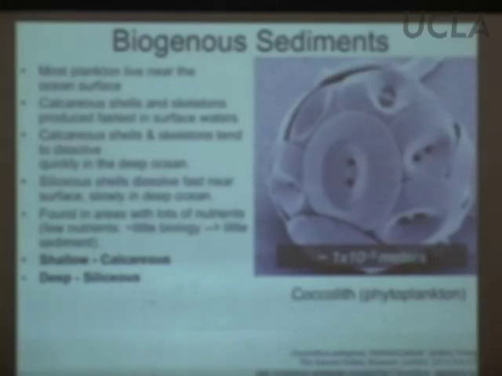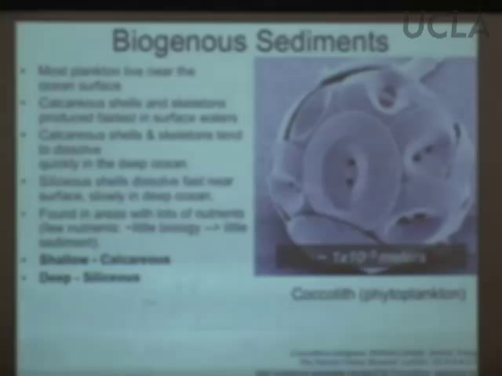So we have two different types of behavior. Calcareous skeletons dissolve in deep water. Siliceous skeletons dissolve everywhere, but most quickly in surface waters, by and large. And we would expect to find lots of both types of organisms living in the surface ocean, particularly in places where there are lots of nutrients, lots of CO2, plenty of sunlight, things like phosphorus and nitrogen.